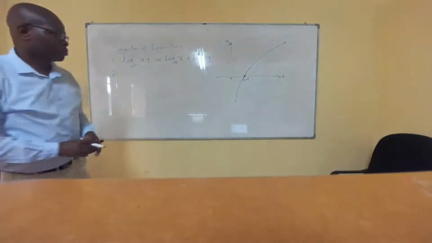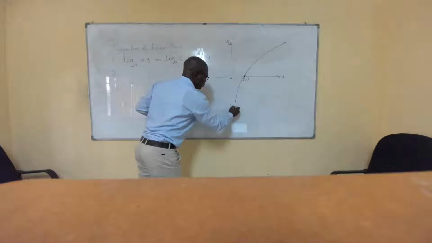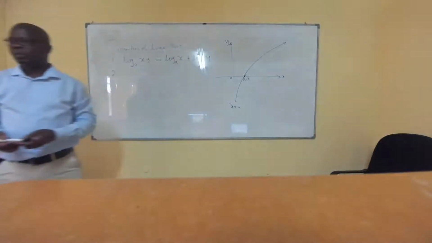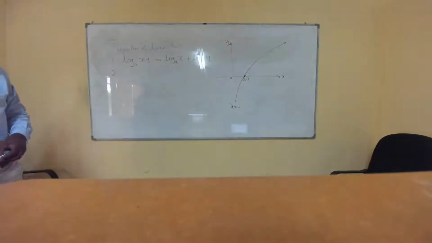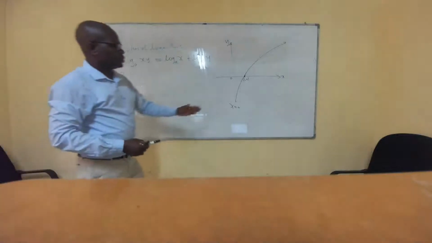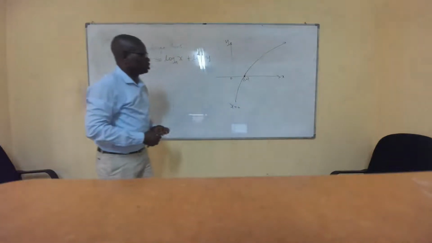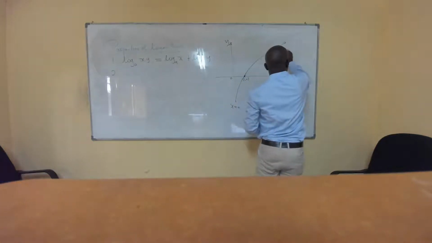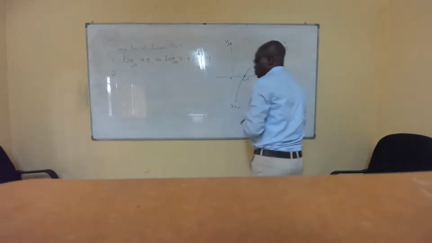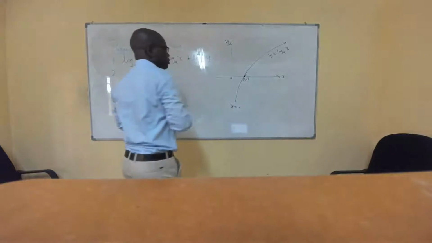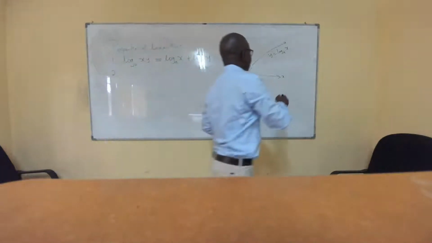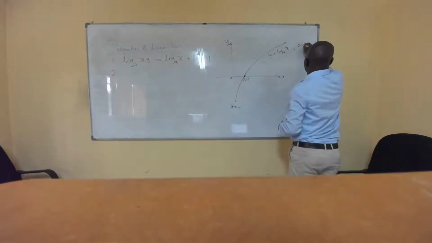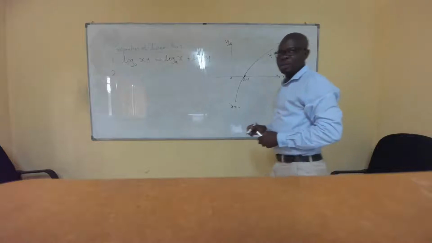So x equal to 0 is actually our vertical asymptote. You can see that the graph will never touch it. And this is exactly y equals log to base a of x. It is assumed that this a is greater than 1.